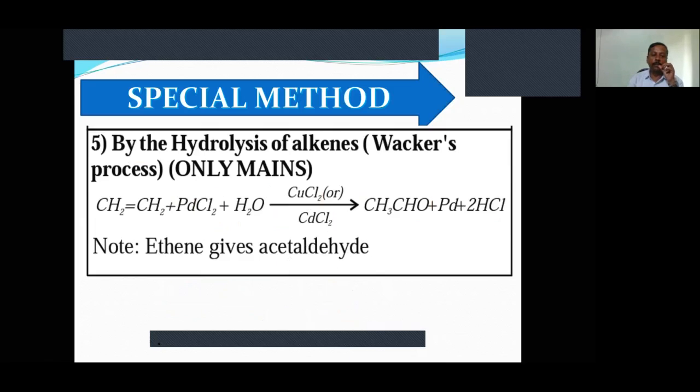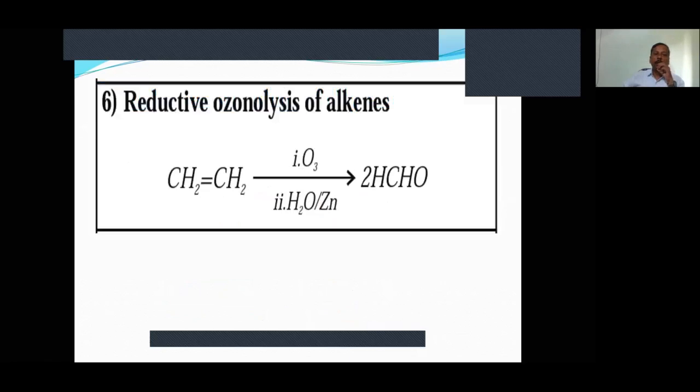Now let's see the next one. Reductive ozonolysis. I told you there is one more method which requires rigorous practice. This is one of them. Calcium salts of carboxylic acid is very important. Reductive ozonolysis is very important and requires separate practice. Special practice is required.